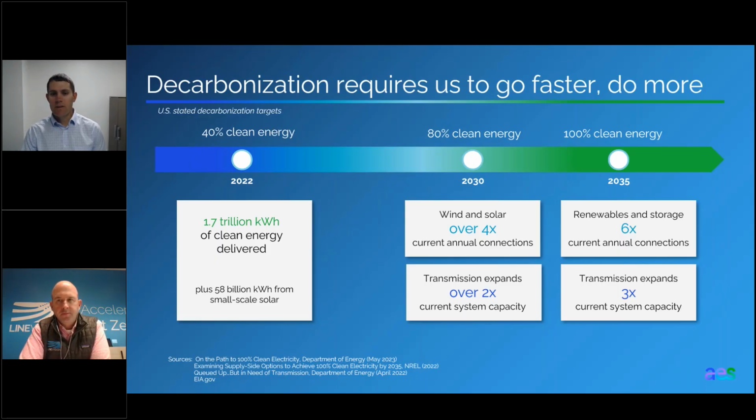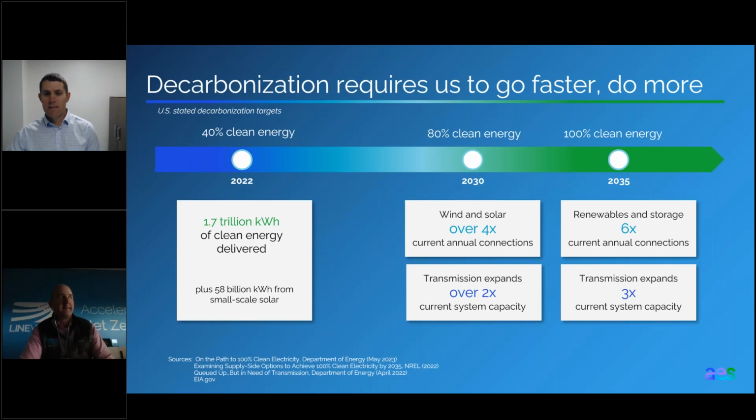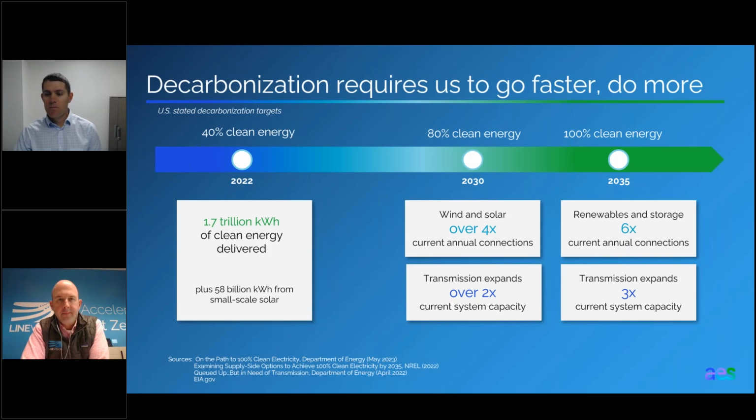And you can see right now we're delivering 40% clean energy with our grid today. But if we want to deliver 100% clean energy by 2035, we're going to have to connect more wind, solar, and other renewable resources 6 times faster and require a build out of 3 times the current grid.